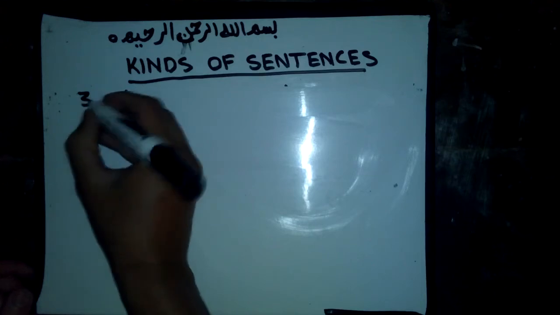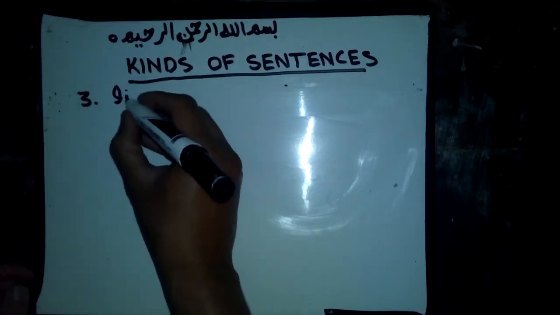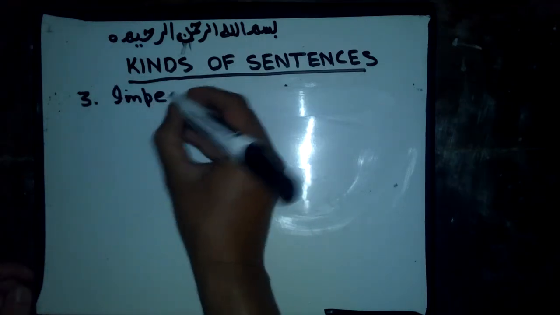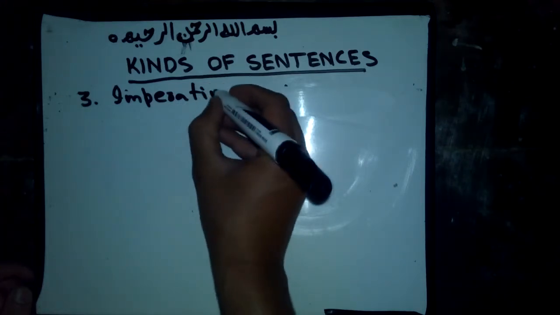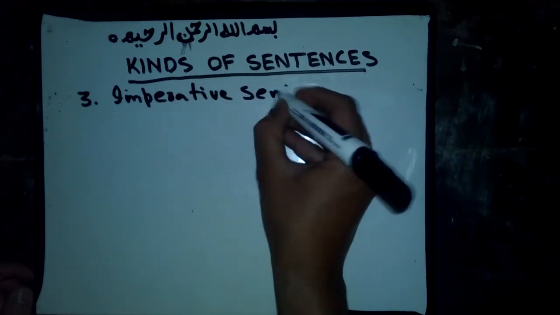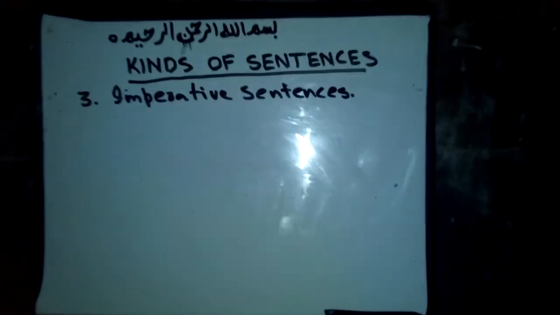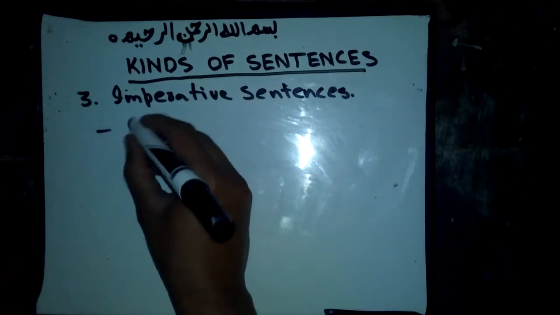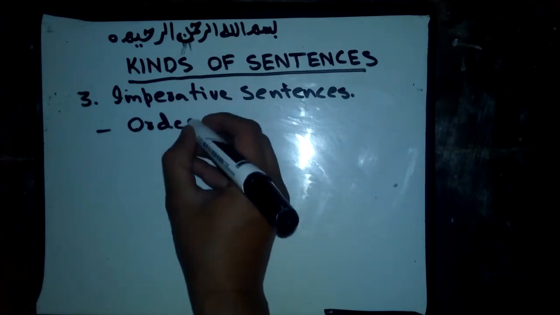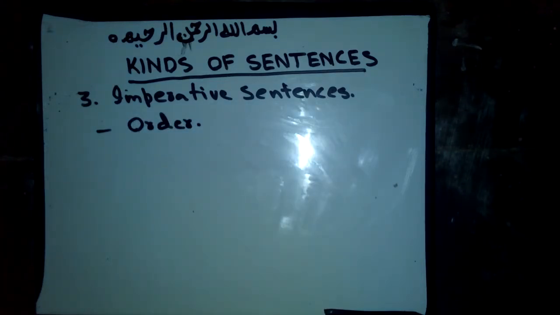Number 3 is imperative sentences. These are the sentences in which we order something. In these type of sentences, we ask someone to do something.